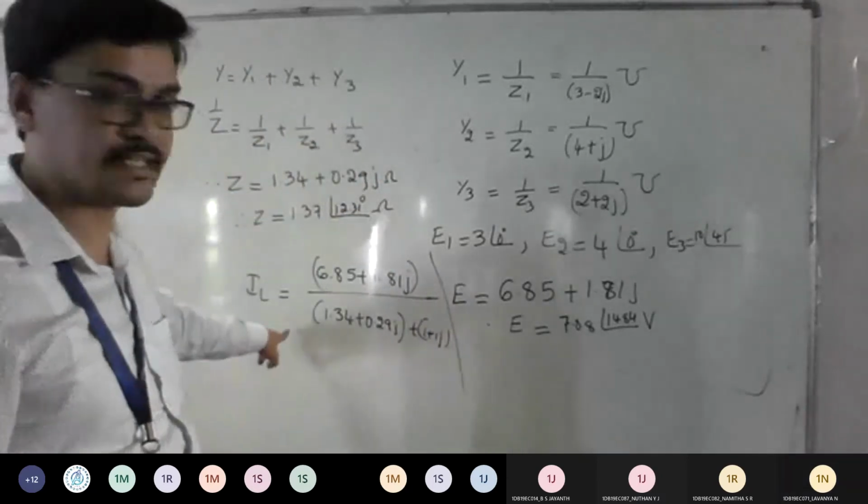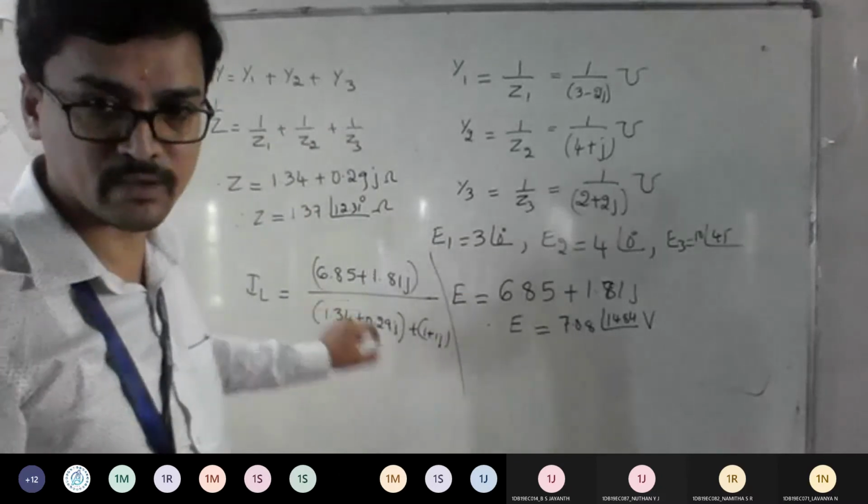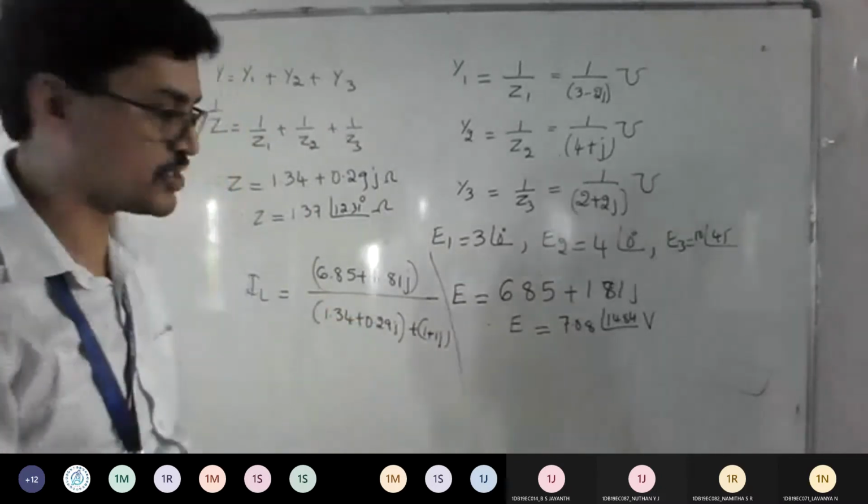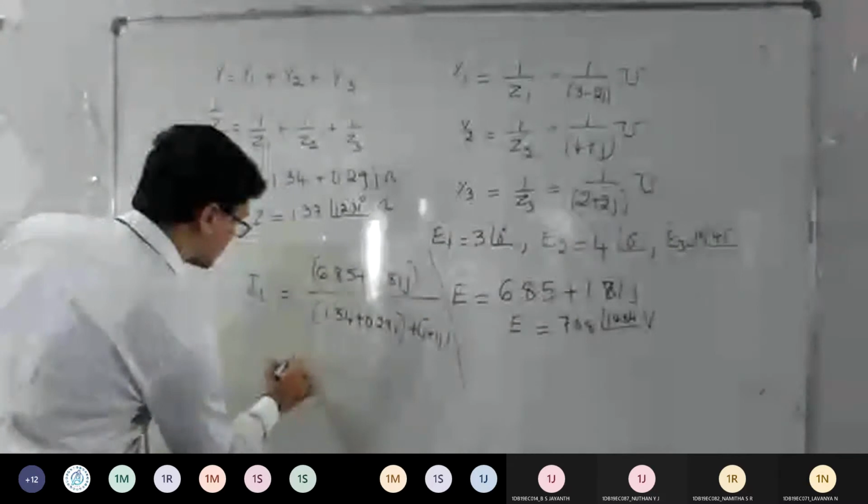So solve this. See, this is the ultimate goal: I need to find the load impedance current. Check this in complex mode and tell me the answer.